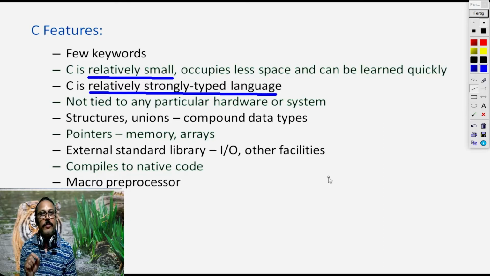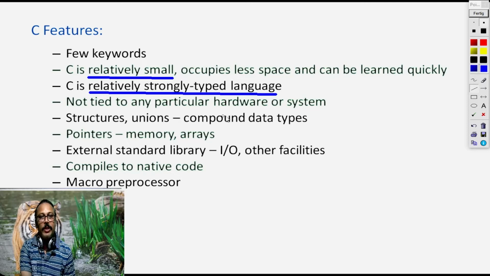If that is the condition, then it is a strongly typed language. But apart from it, there are also other features. Here we'll restrict ourselves to assuming that C is a relatively strongly typed language because you have to declare the type of the variables explicitly.